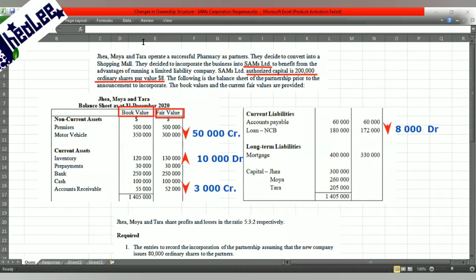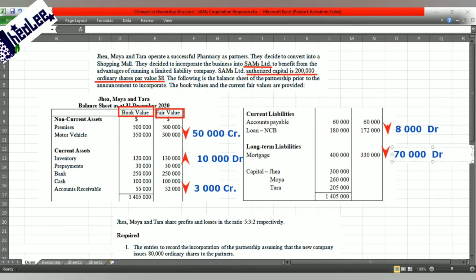We're now going to look at mortgage. Mortgage was 400,000. Now it is 330,000. So there is a reduction in this item as well, and the amount it decreases by is 70,000. Because this item is a liability, we are going to debit.